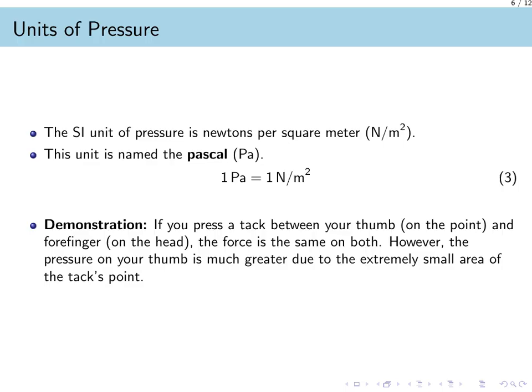The force exerted on your thumb is equal in magnitude to the force on your forefinger. However, the tiny area of the tack's point concentrates that force, creating a very high pressure on your thumb. In contrast, the much larger area of the head results in a low, comfortable pressure on your forefinger. This simple demonstration shows that for the same applied force, a smaller area results in a much greater pressure.